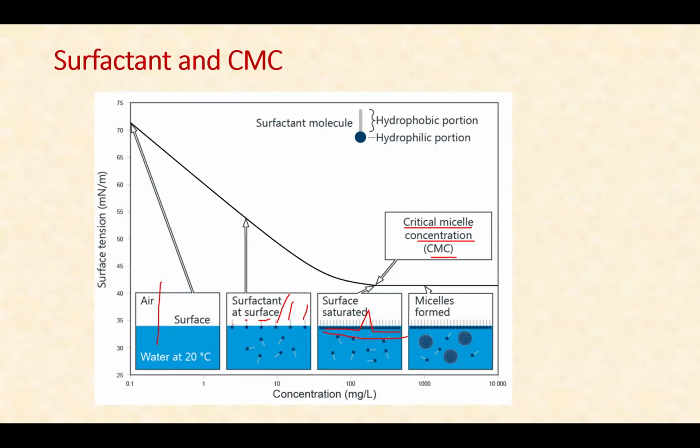In the actual case, when you are injecting the surfactant solution into the formation to reduce interfacial tension, alter wettability or cause emulsification, generally the surfactant concentration should be higher than the CMC value. Why? Because some surfactant is lost due to adsorption.